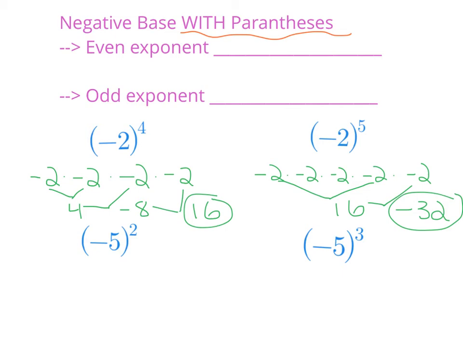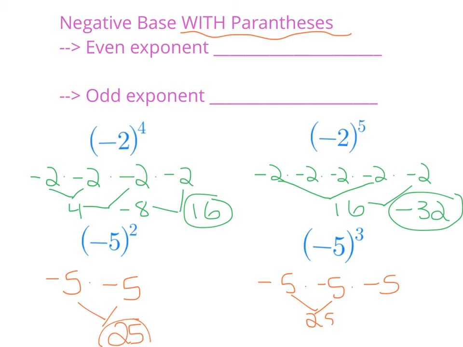All right, let's look at the bottom two examples. Negative 5 squared means negative 5 times negative 5, which is a positive 25. But negative 5 to the third, negative 5 times negative 5 times negative 5, we just figured out that this is positive 25. Multiply again, that's now negative 125.